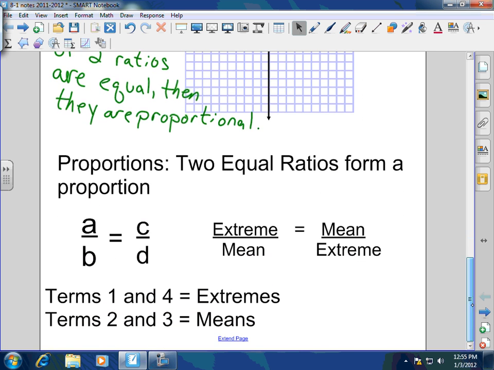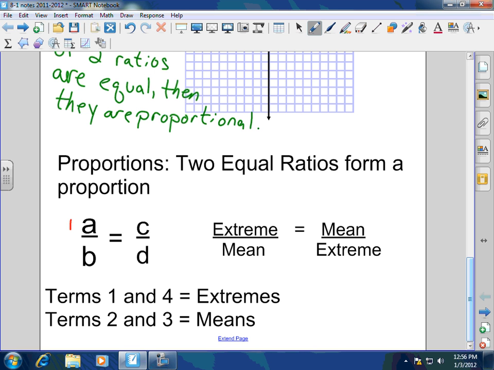Good stuff. So, proportions. Two equal ratios form a proportion. So I have two ratios here: A over B equals C over D. Very important for this lesson. There are names for these. You have the extreme over mean equals the mean over extreme. And the way you number these terms, it's not left to right, it's up and down.